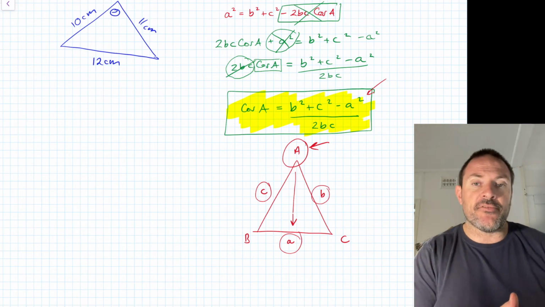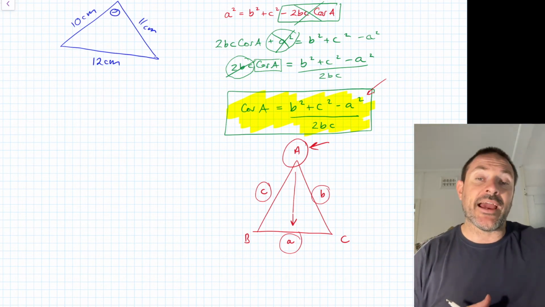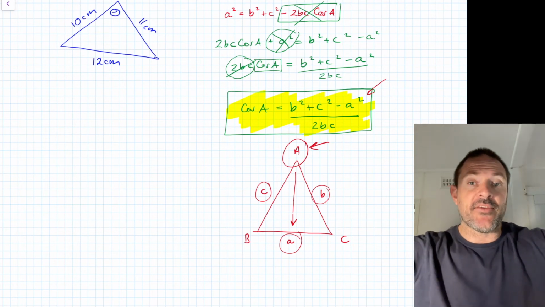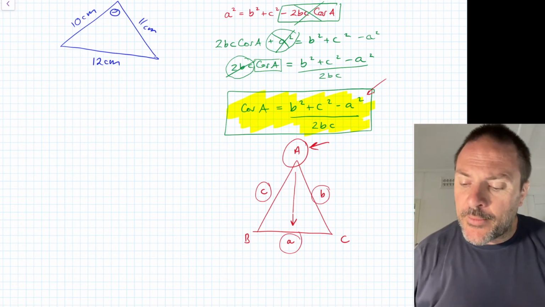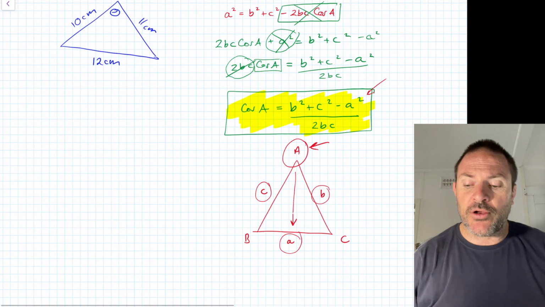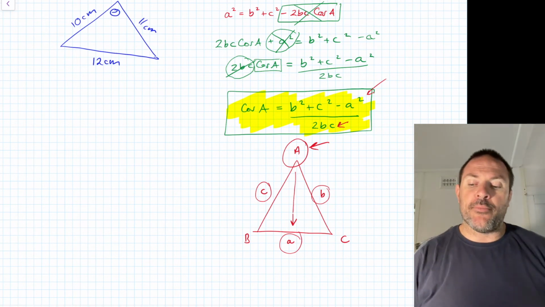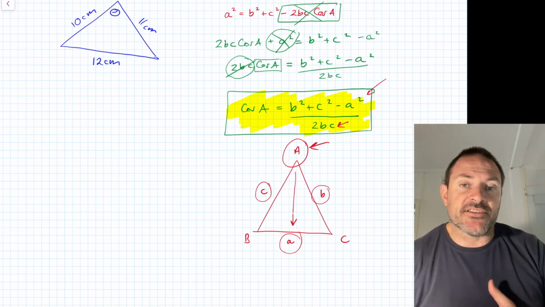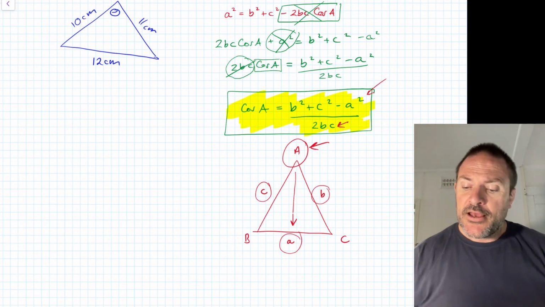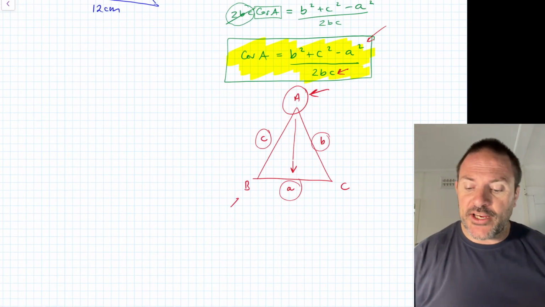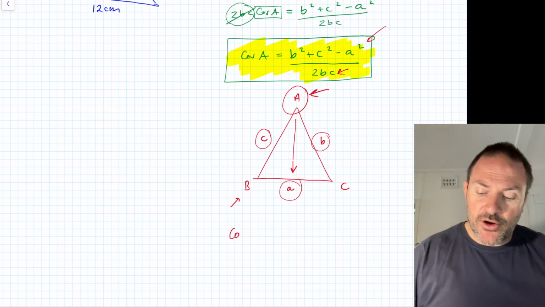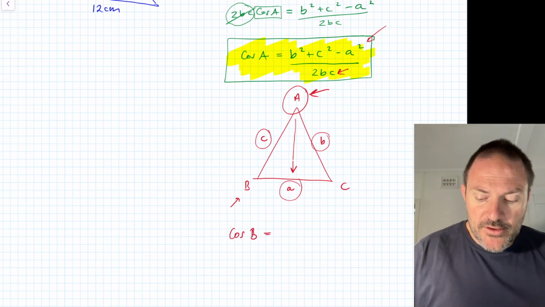Just like in that very first side where you're doing A squared equals, you have cosine of A, they're opposite angles. And then obviously on the bottom, it's just 2 times B times C. Another mistake, people might muddle it up and might do 2 times C times A, for example. So you just got to be very, very careful. Now, technically speaking, I could change this rule very quickly to saying cos B. How would I do that?